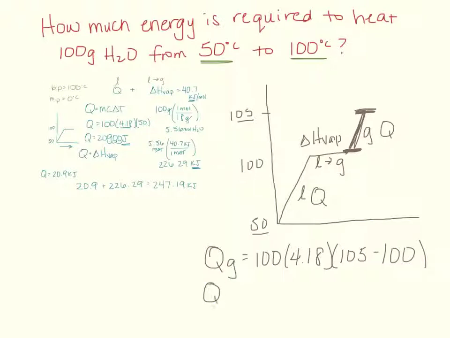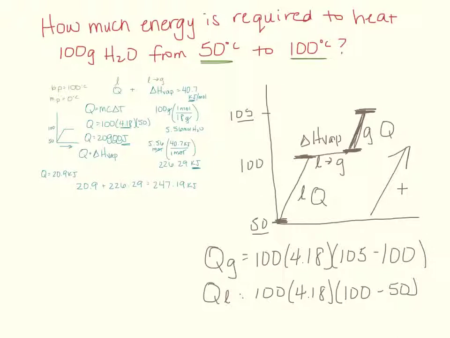The Q of my liquid, we're going to have 100 as our mass, 4.18 as our specific heat. Then we do our temperature change for just our liquid phase. So 50 is our initial and 100 is our final, final minus initial, because I'm adding energy, so it's endothermic, going from 50 degrees Celsius to 105 degrees Celsius.